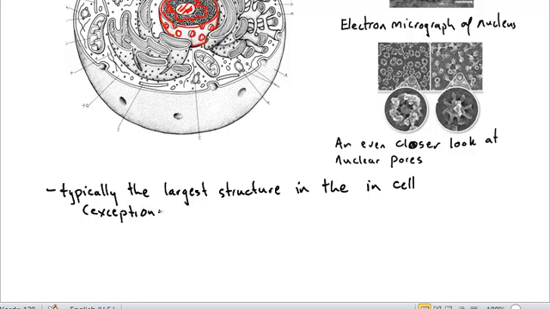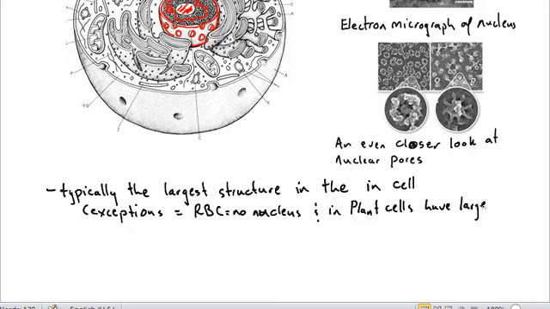That's right, it doesn't have a nucleus, so it's hard for it to be the largest structure. And in many plant cells, their vacuole is the largest structure. Larger vacuoles.